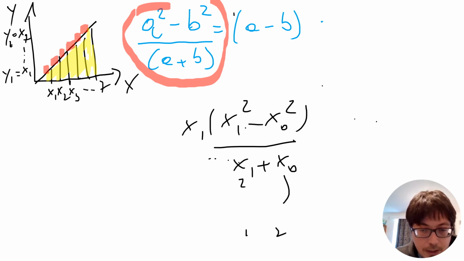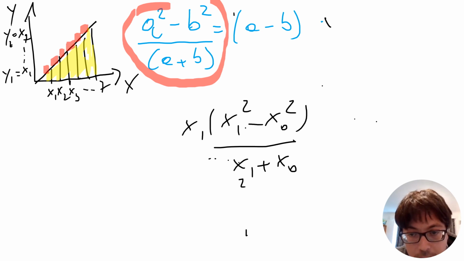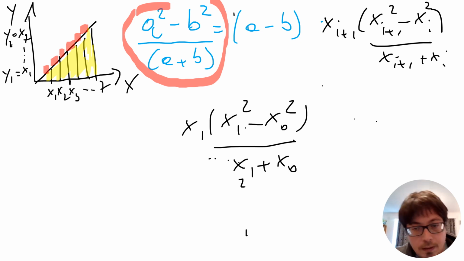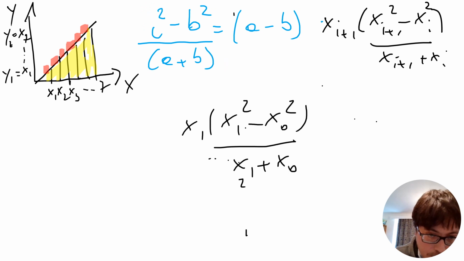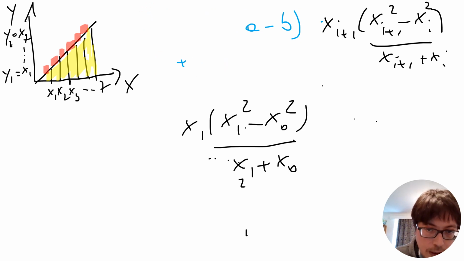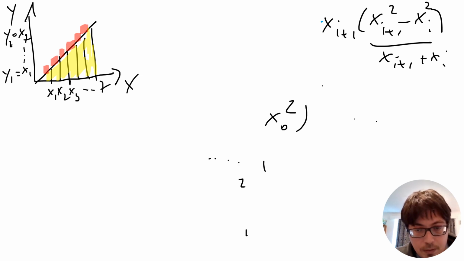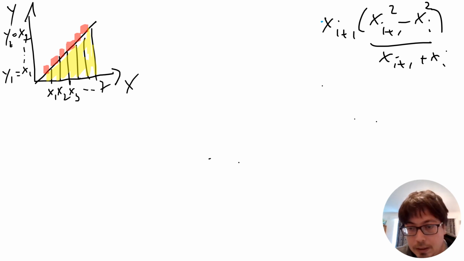I will keep only one up here, and I will write it with the labels in a general way, so we don't forget: xi plus 1 square minus xi square, divided by xi plus 1 plus xi. I can cancel this formula because we used it already. We can find it everywhere: Wikipedia, textbook, wherever you can prove it. It works with matrices as well, some matrices. Anyway, so we have this formula here.